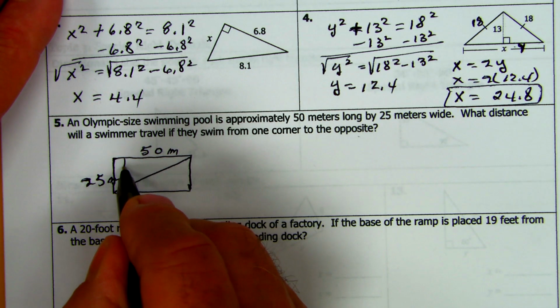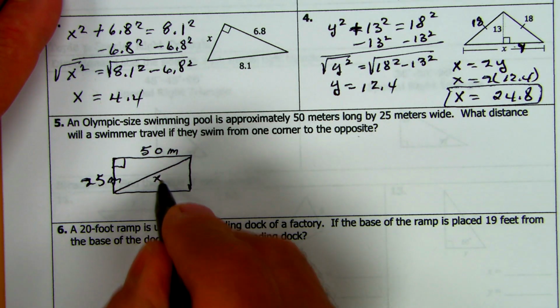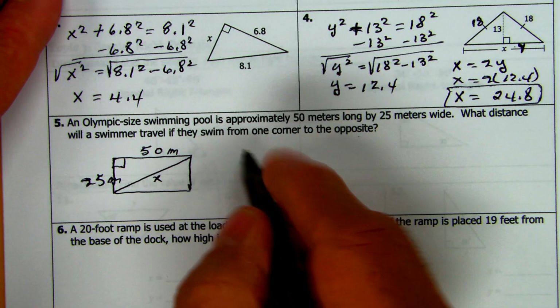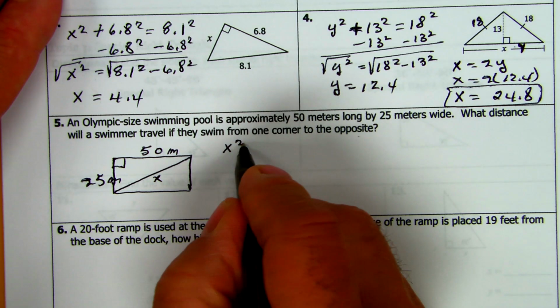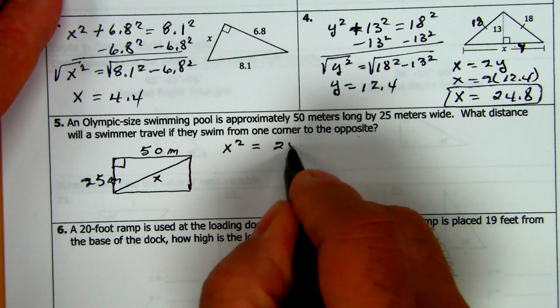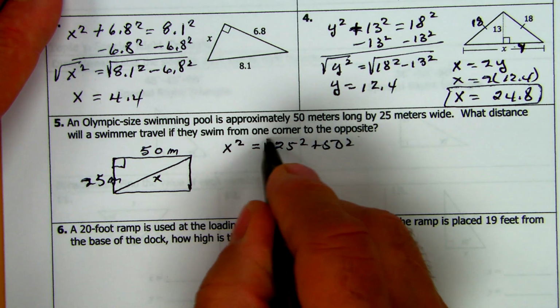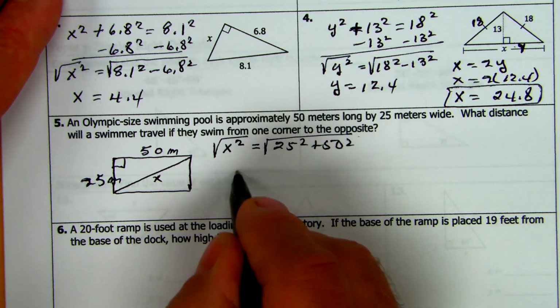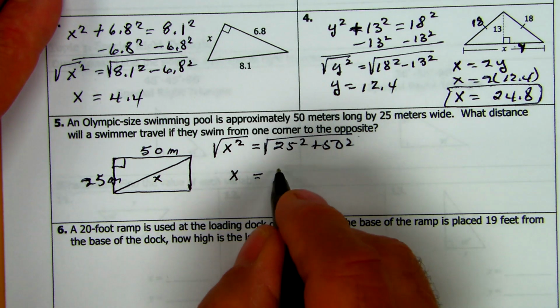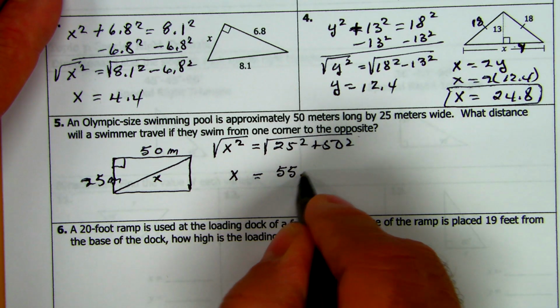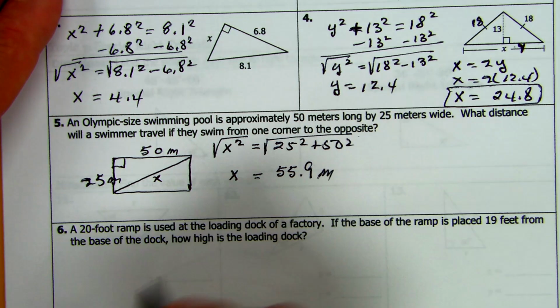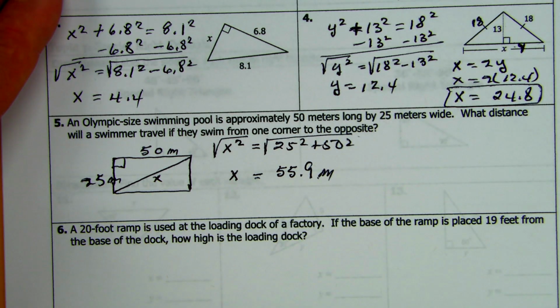Okay, so we have a right triangle, and we're looking for the hypotenuse. So we could say that x squared is equal to 25 squared plus 50 squared. Now we can take the square root of both sides. If we do that, then we see that x is equal to 55.9 meters. Very simple problem.